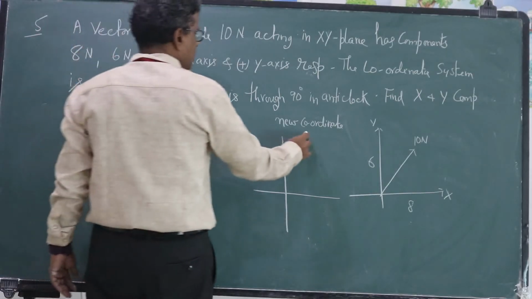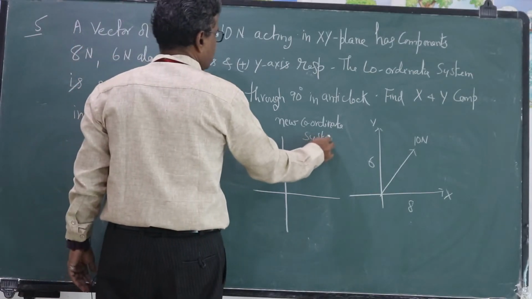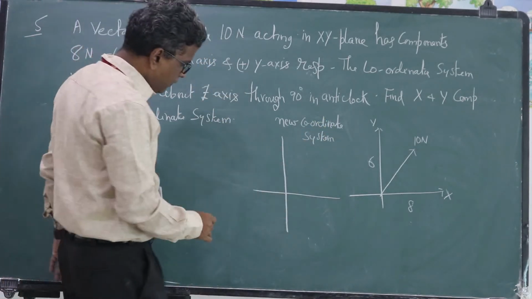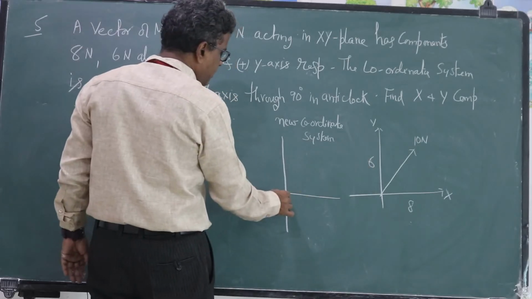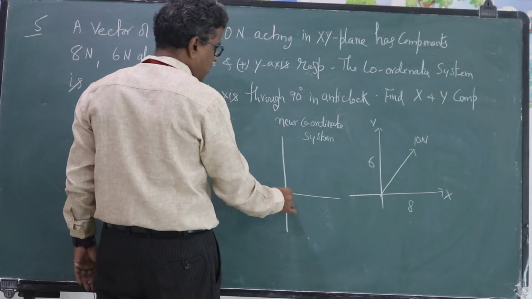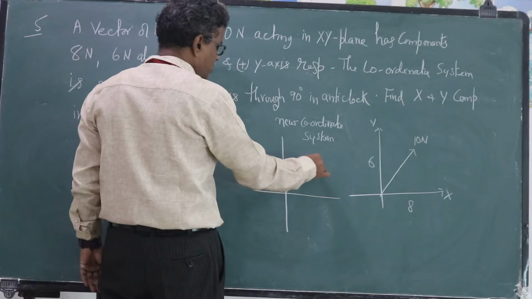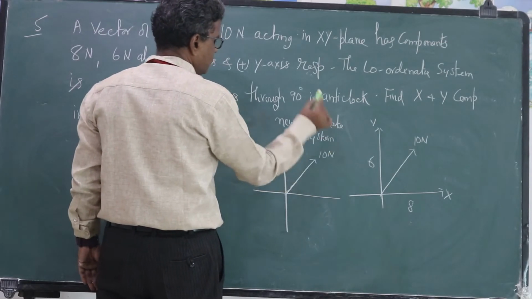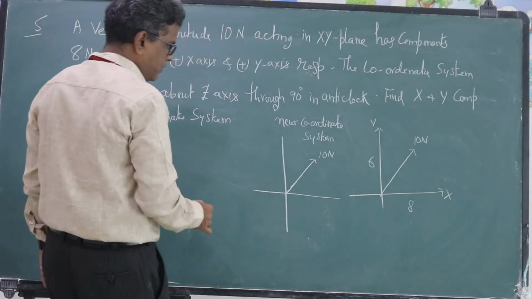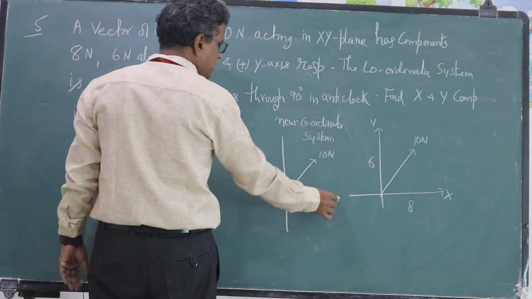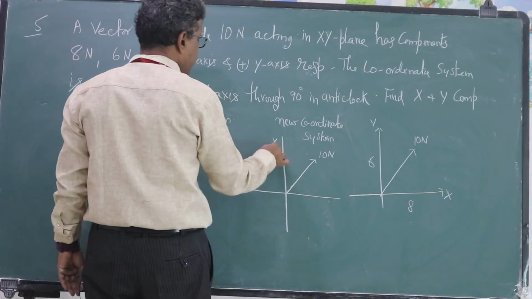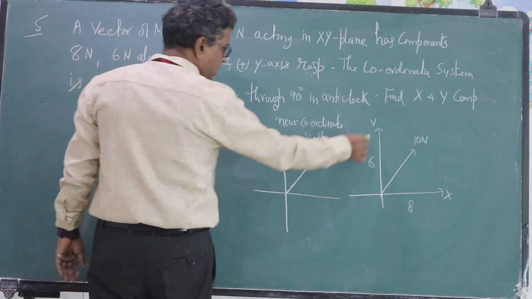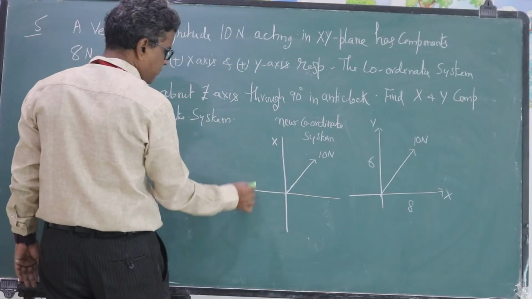See, this coordinate system is the reference for us. So the vector remains the same. Here the vector won't change, it is as it is, 10 newtons. But the components change. This is the new x, and this is the new y.